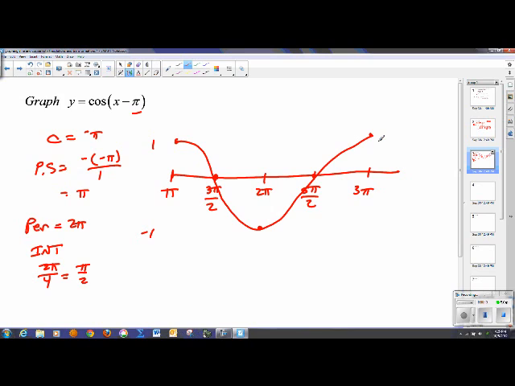And this should be my graph. Again, I'm just going to check real quick a random point. I'll check this point here. That's the cosine of 2 pi minus pi, which is the cosine of pi, which I know is -1, and it checks out. Let's do another graph.